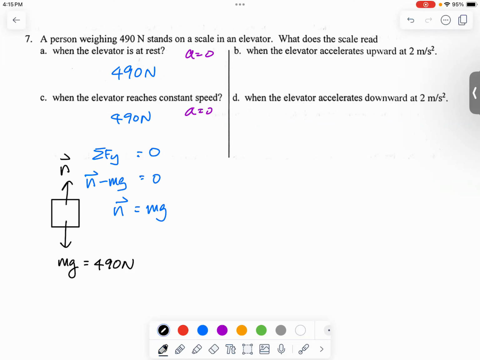For part B, we have an upward acceleration of 2 meters per second squared. So that means our normal force would have to be greater than our mg. But by how much?